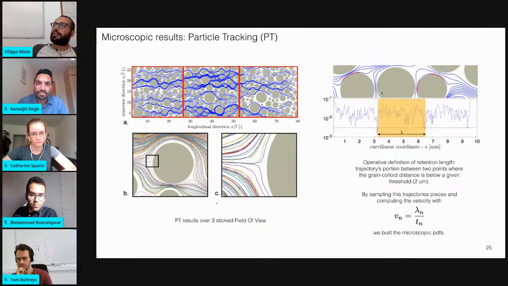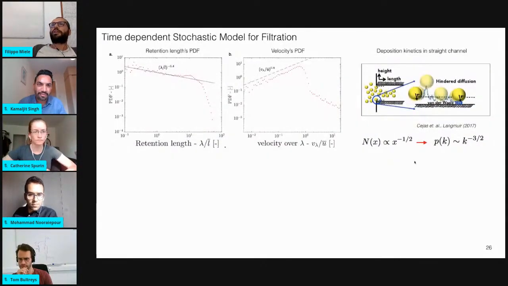Now, by sampling this correlation length for an arbitrary number of tracked particles, and by deriving the transit velocity that the particle needed to cross this correlation length, we were able to build the PDF of correlation length, the velocity PDF, and the attachment rate.